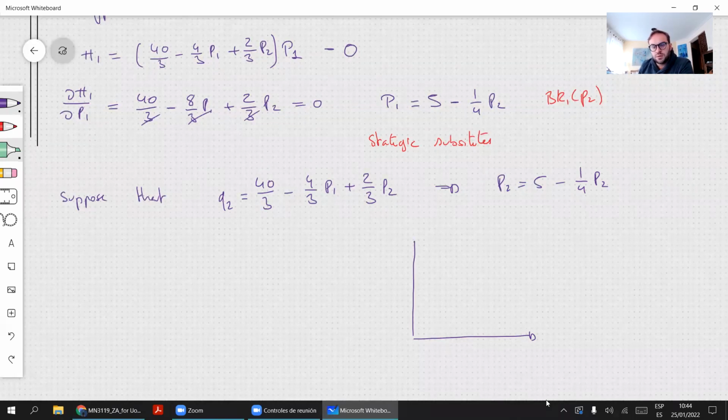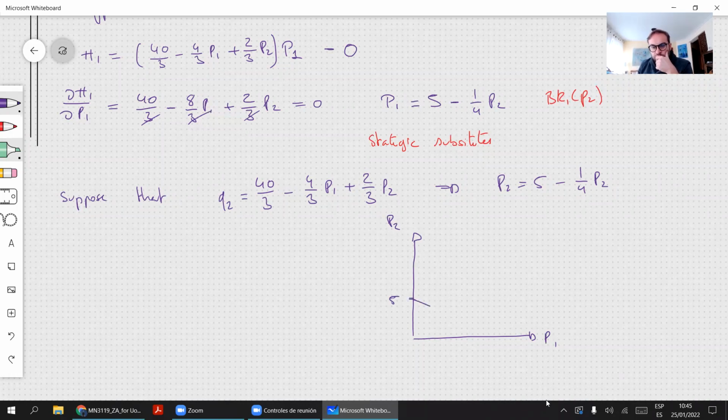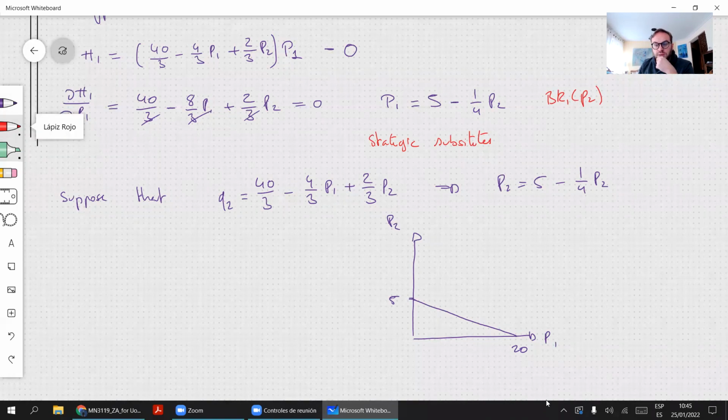So this is P2, this is P1, and if I do P2, it's going to be 5 with a slope of 1/4, so this is 20. And given that things are symmetrical, this is the best response of 2.